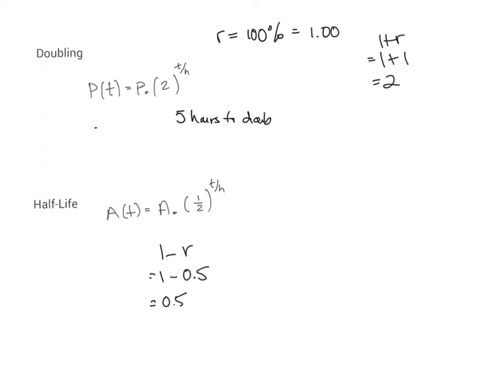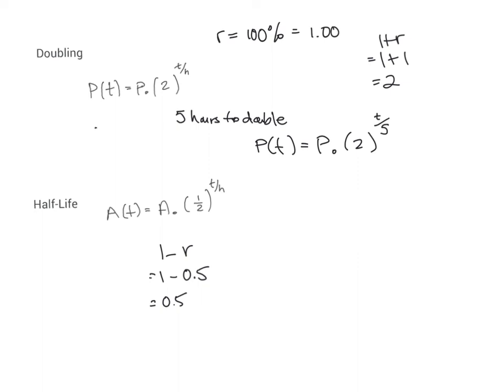If you're told something like that in the question, then you know, oh, I'm looking at the doubling example because that's when my rate is 1. And so that 5 ends up being part of that exponent. So whatever your initial population was, it doubles every 5 hours. So time in hours divided by 5.